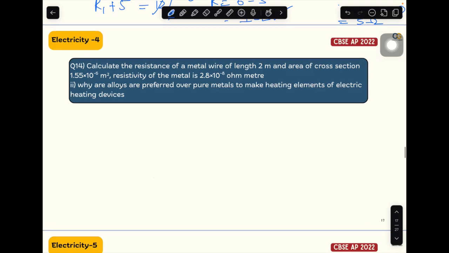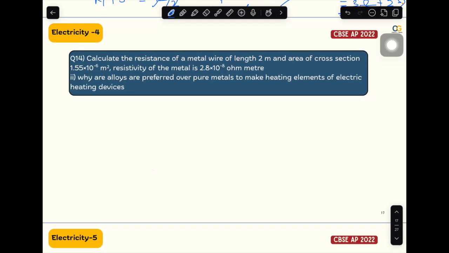Now coming to the next question, which is on resistivity. So a resistance of metal wire of 2 meters length. So length is 2 meters and area of cross section is 1.55 into 10 to the power minus 6 meters. Resistivity rho is 2.8 into 10 to the power 8 ohm meter.